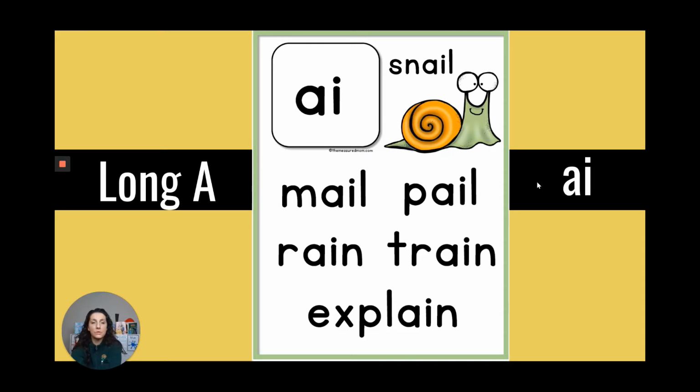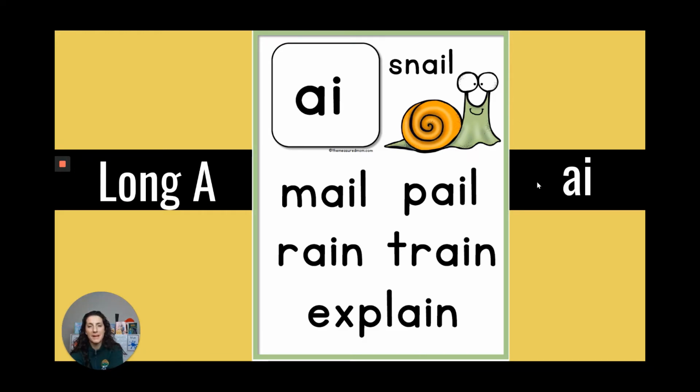Now I do want to point out to you that a bunch of these are homophones, right? Homophones is a type of homonym where the 2 words are spelled differently, but they sound the same and they have a different meaning. We have at least 2 of those on here. The first one is mail.